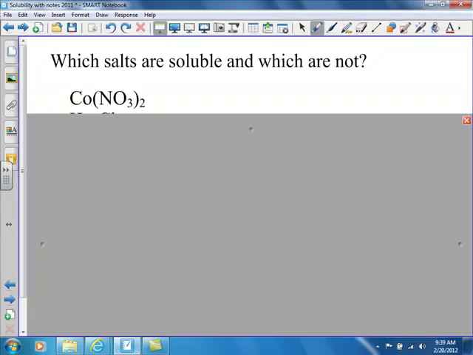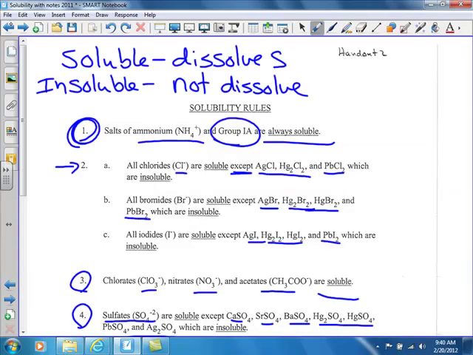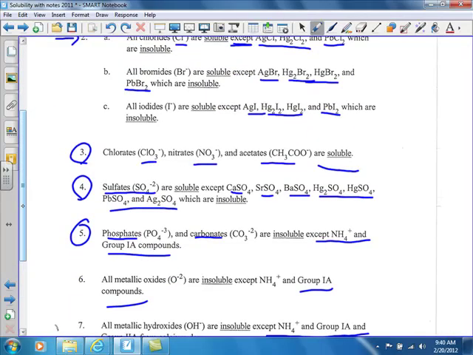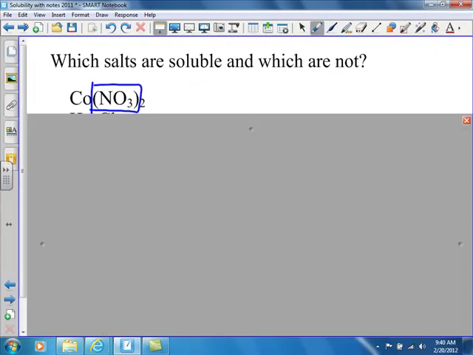Going through this list, I have cobalt nitrate. We did not talk about cobalt at all, but we did talk about nitrates, so you have to pick out what's in your list and what's not. Here it is: all nitrates are soluble. So this is soluble.